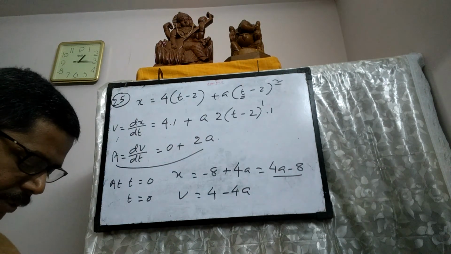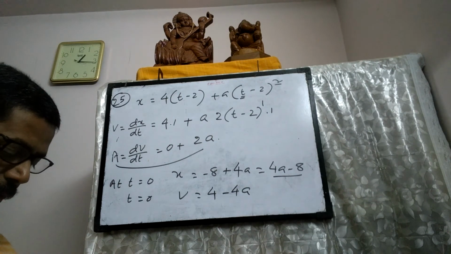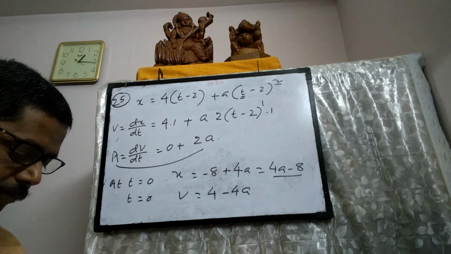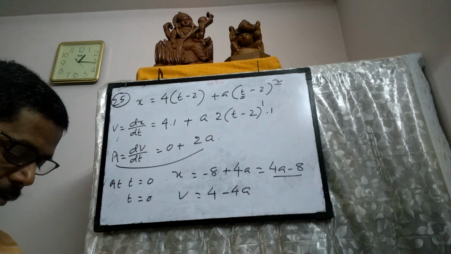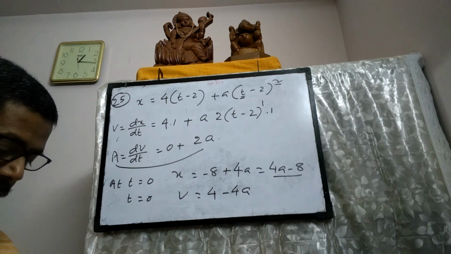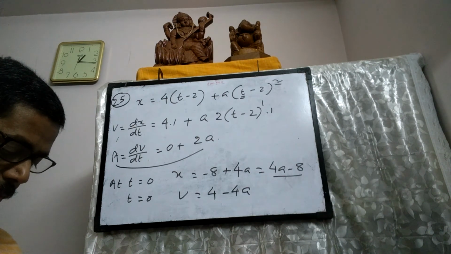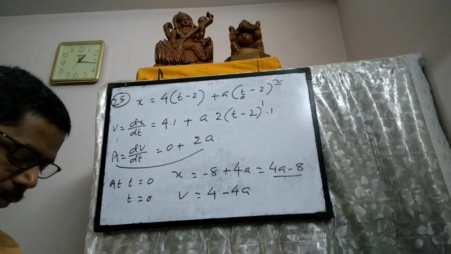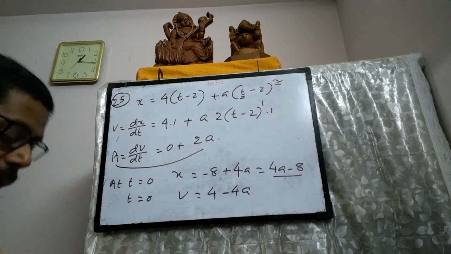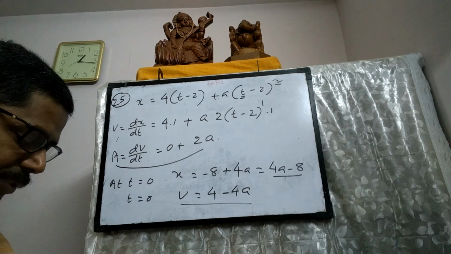See the options. What are the options given in the question? Check the options. Question number 25. The initial velocity of the particle is 4. No. Initial velocity of the particle is 4 minus 4a.